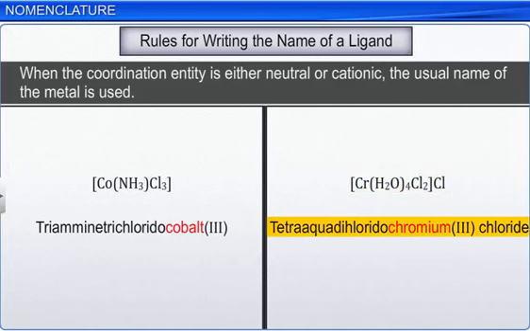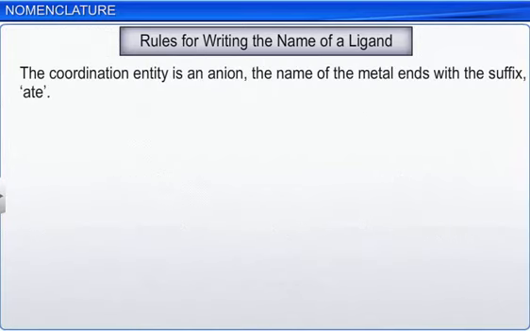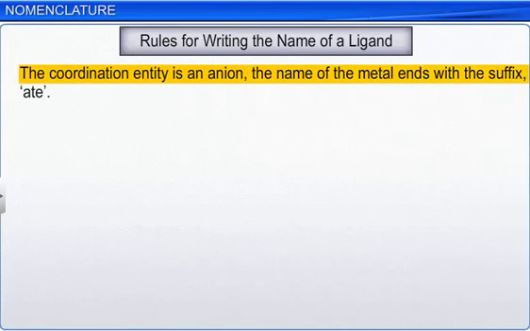However, when the coordination entity is an anion, the name of the metal ends with the suffix -ate. For example, the anionic complex Na[Pt(NH3)3Cl3] is named as sodium triamminetrichloridoplatinate(II).